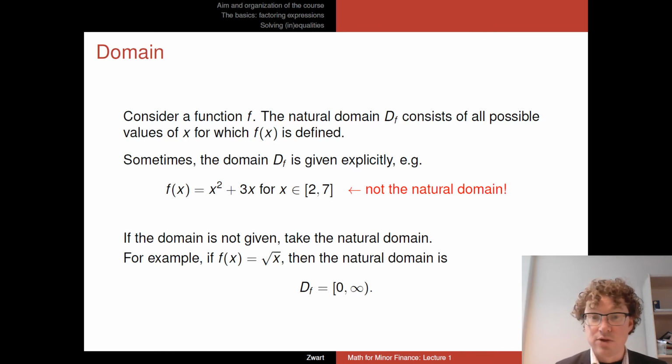So the natural domain of this function, the square root of x, is just all the positive numbers, including 0, right? 0 is okay, but negative numbers are not okay. So the natural domain is any number from 0, including 0, up to infinity. So anything bigger than 0 goes, but negative numbers are not allowed.